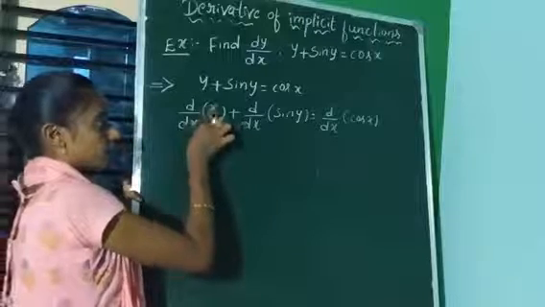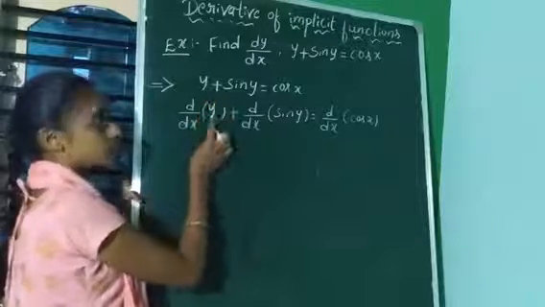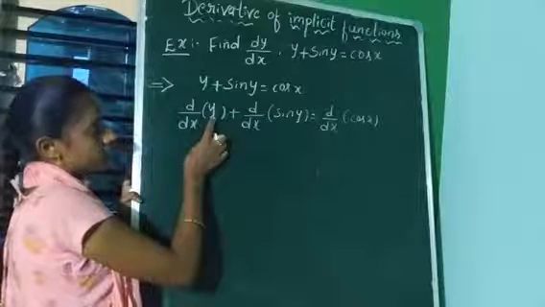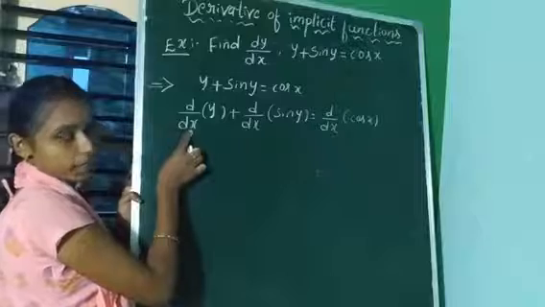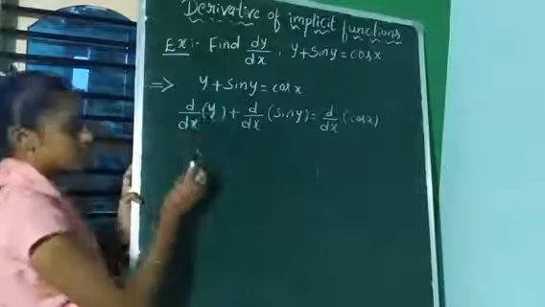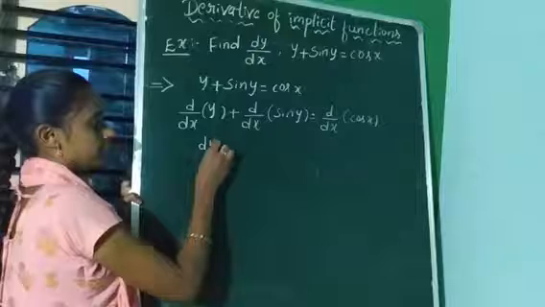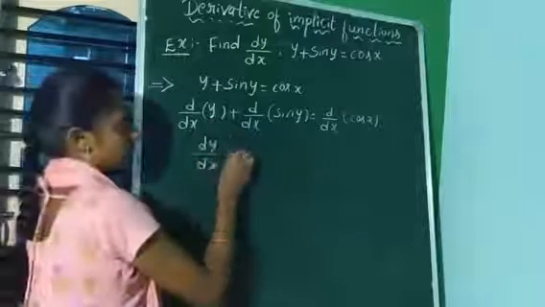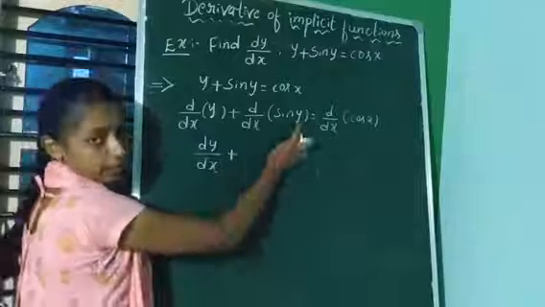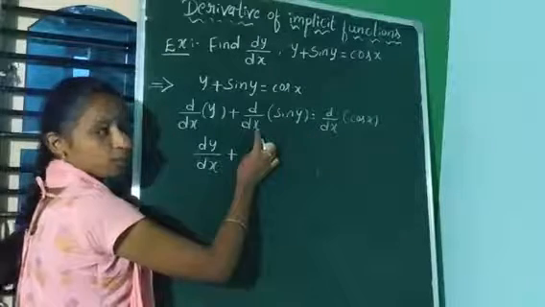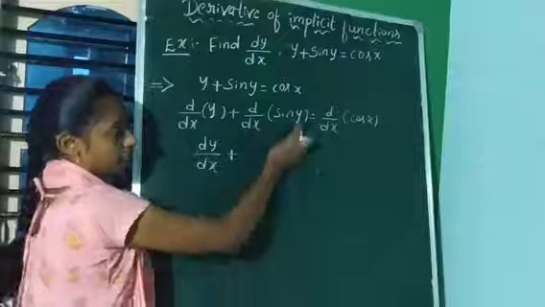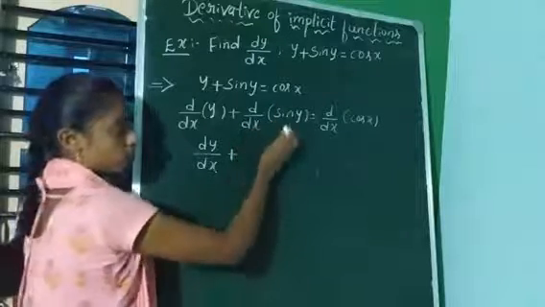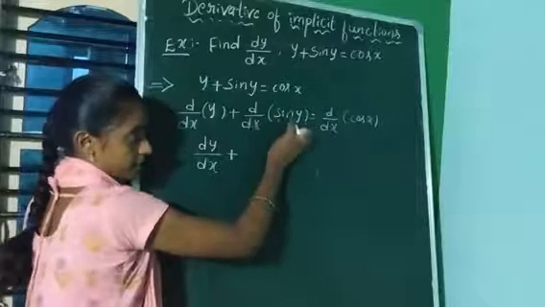If the variable is y, this is a dependent variable and x is the independent variable. This variable is fully dependent on x, so you need to write it as dy by dx. It doesn't change. Next, again here y is there, and you need to differentiate this with respect to x, since y is dependent on the independent x.